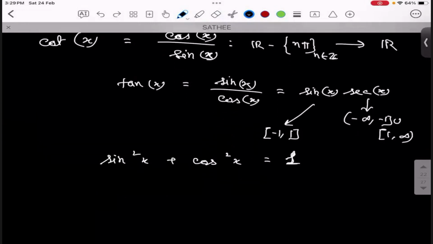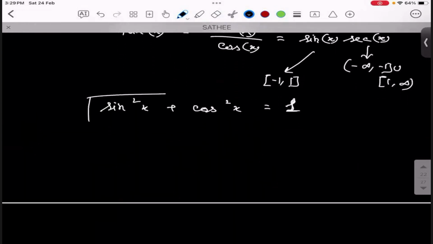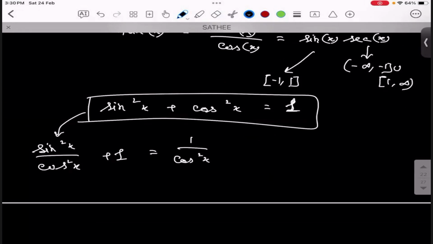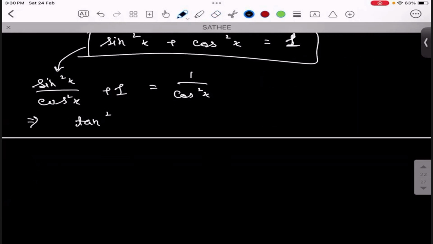So cos x is non-zero, which means we can divide this whole equation by cos square x in that domain. That will give us sin square x divided by cos square x equals 1 divided by cos square x. This gives us tan square x plus 1 equals sec square x.